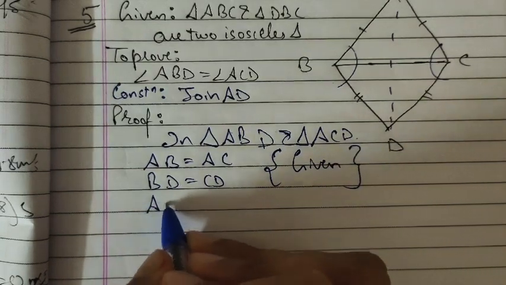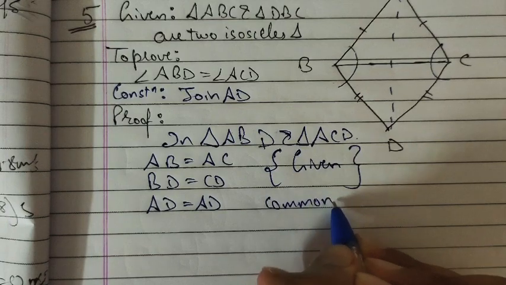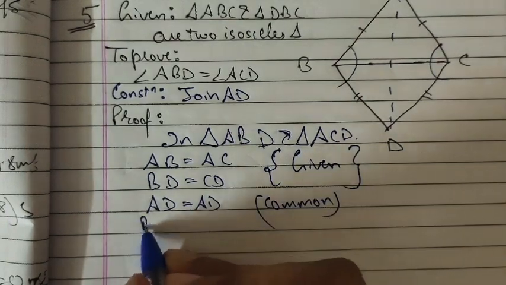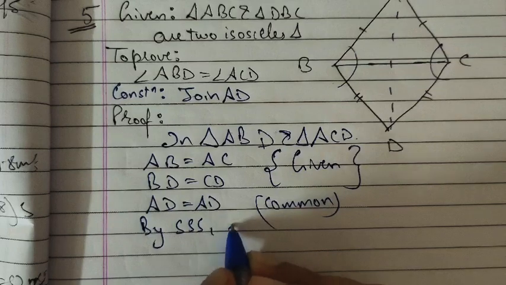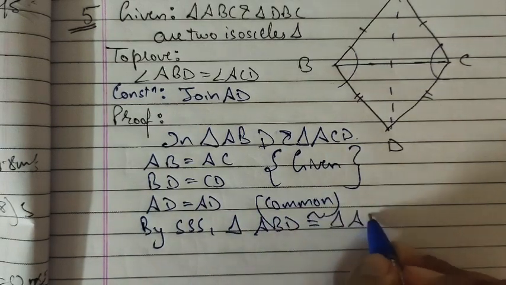Third, AD is equal to AD, common. So by SSS, triangle ABD is congruent to triangle ACD.